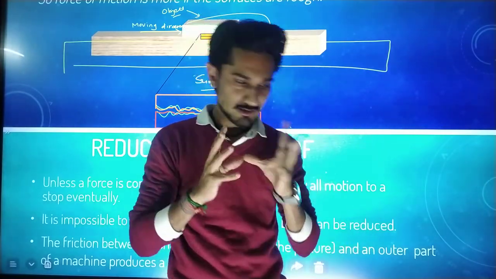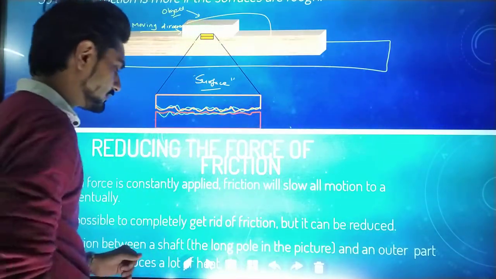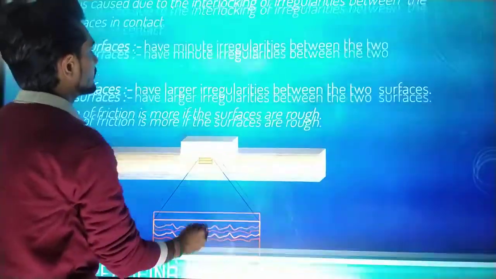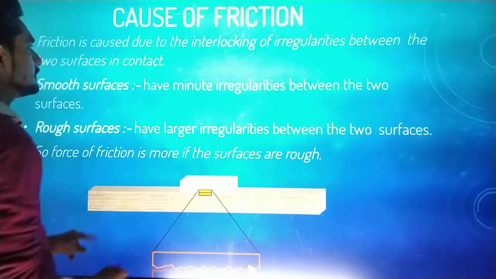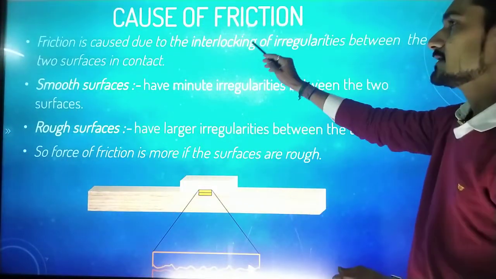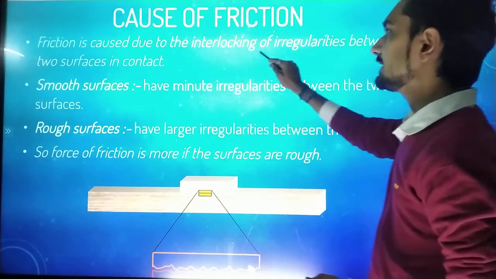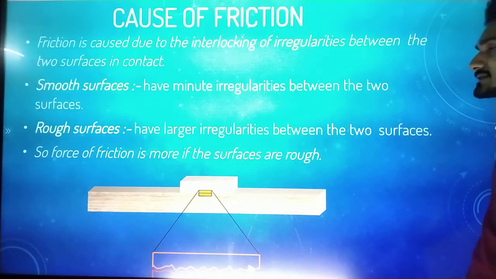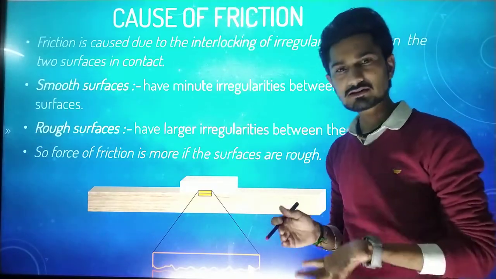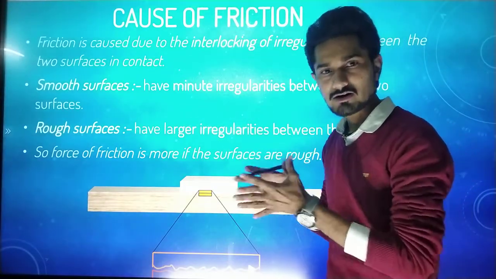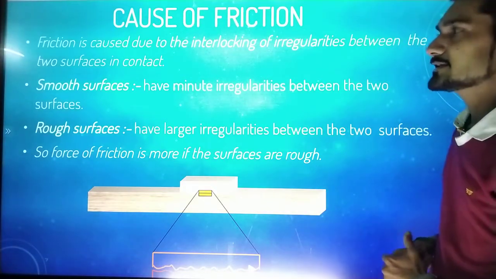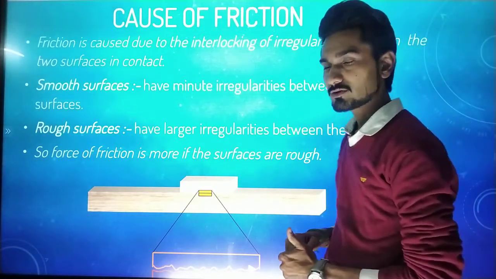So the interlocking system is the topic you have to understand, which is why we have taken time on it. Another thing: friction is caused by the interlocking of irregularities between the two surfaces in contact. These surfaces are irregular, or we can say rough.